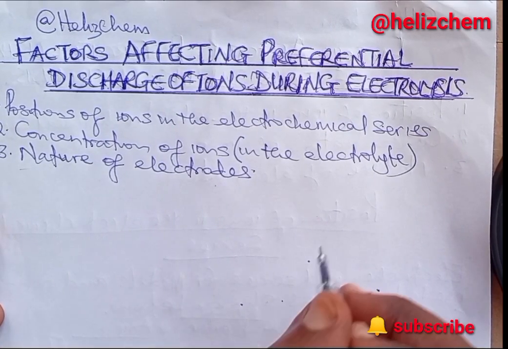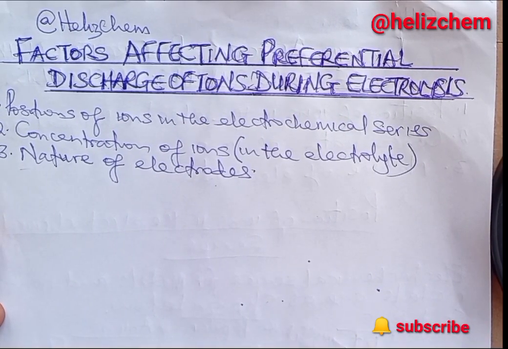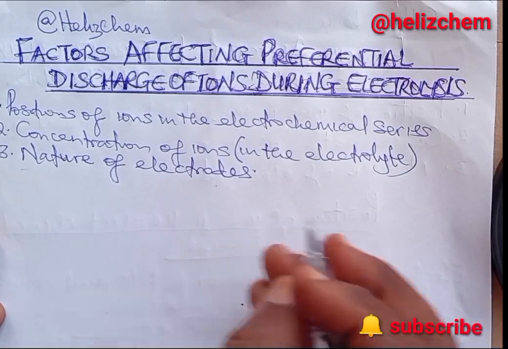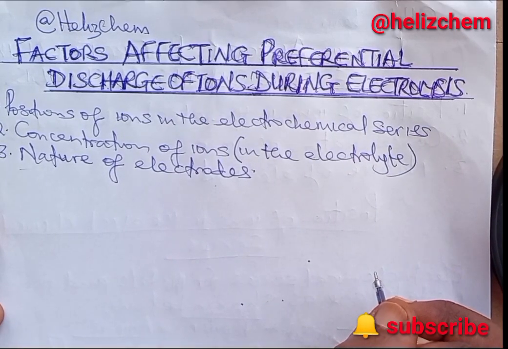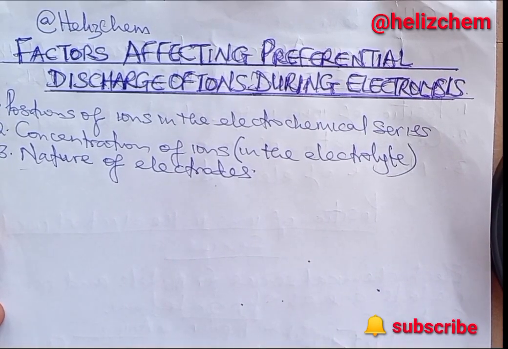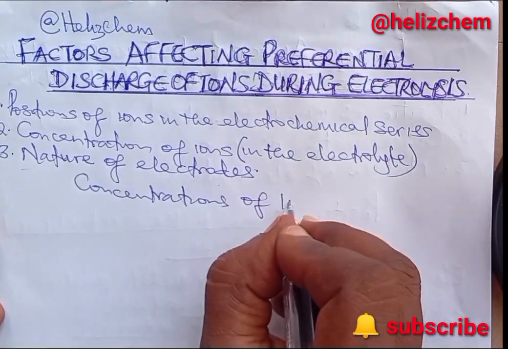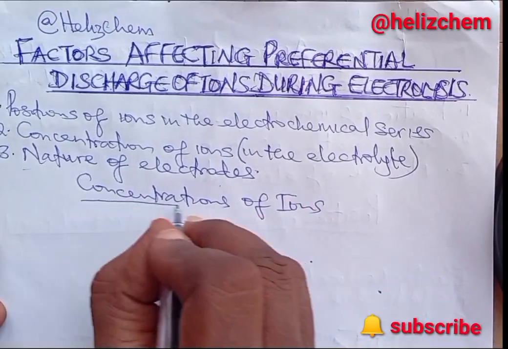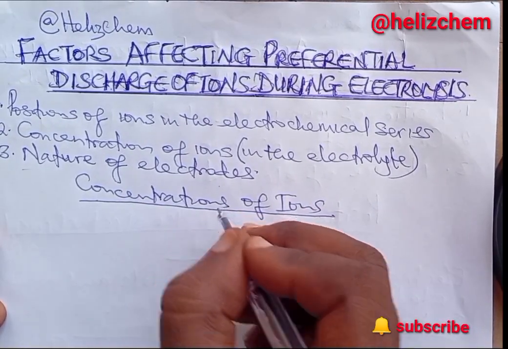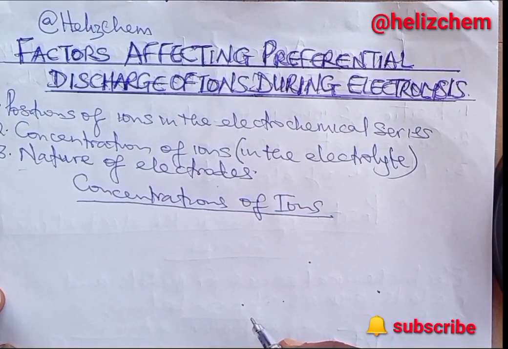So listen as I talk on concentration of ions as it affects discharge of ions during electrolysis. Now, concentration of ions. That is what we want to talk on this morning.